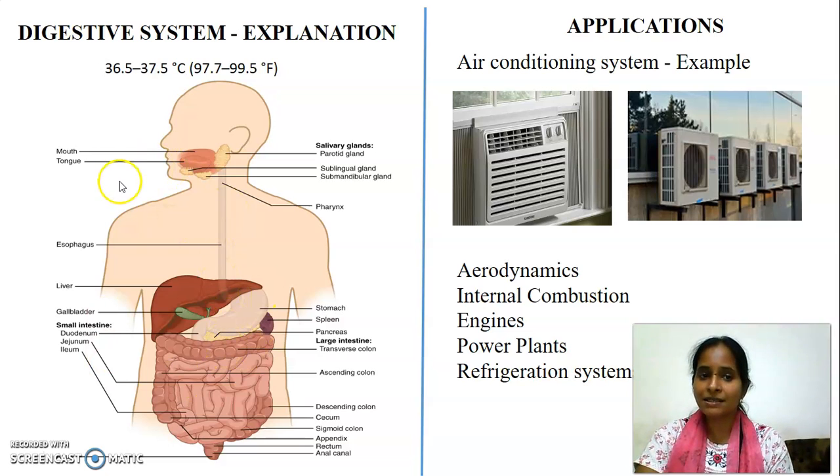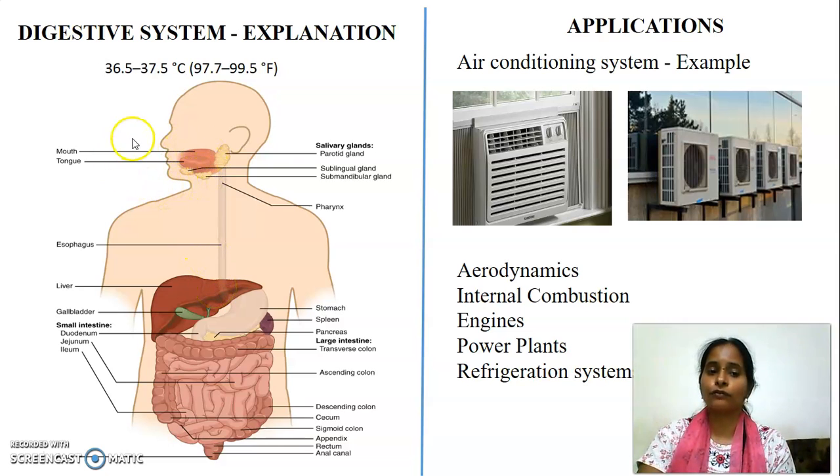So the existence of this temperature is very much essential, not only for our life but also for conversion of that food into energy. The working of all the organs takes place only because of this temperature. That much the heat energy is important.